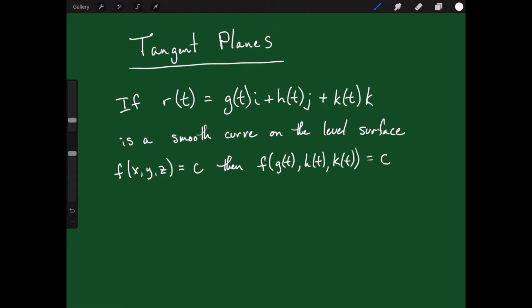And if we have that, then we could take the derivative of both sides of that equation with respect to t.